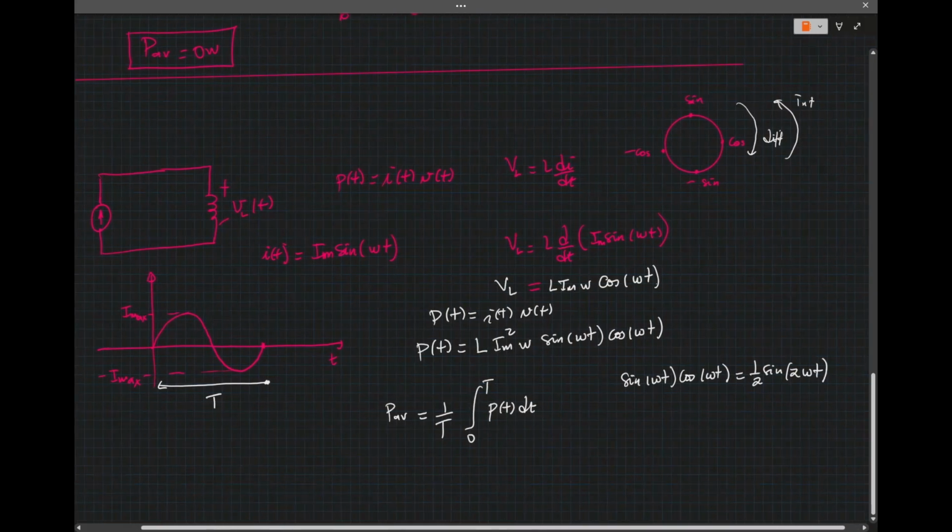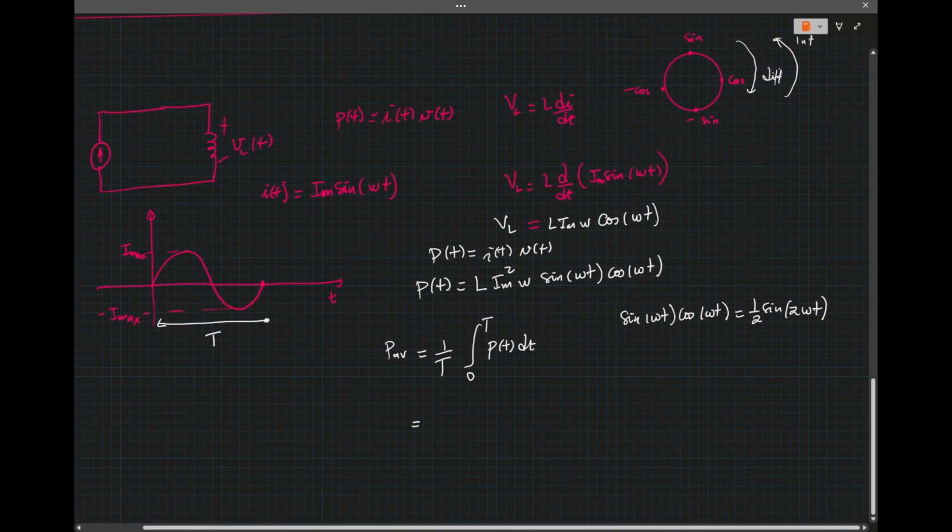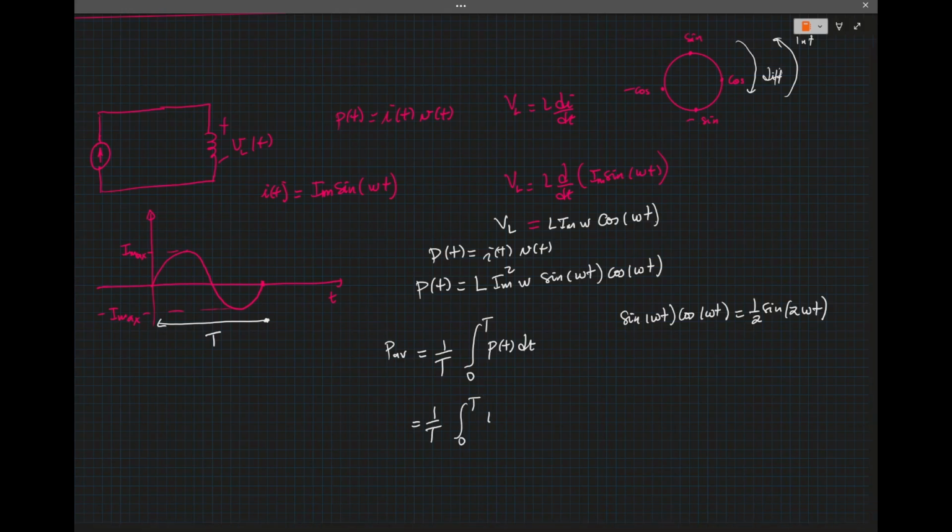So then I have 1 over T integral from 0 to T of L I_m squared omega over 2 sine 2 omega t dt.